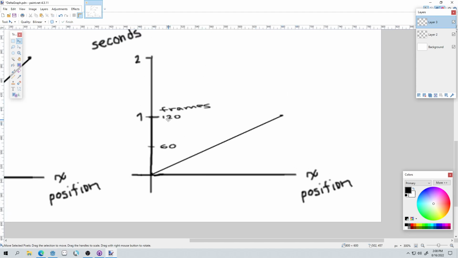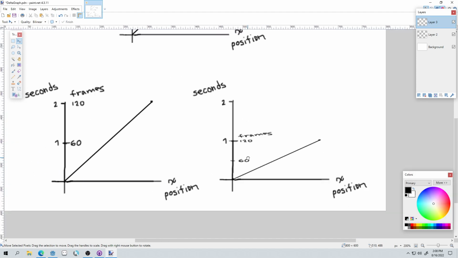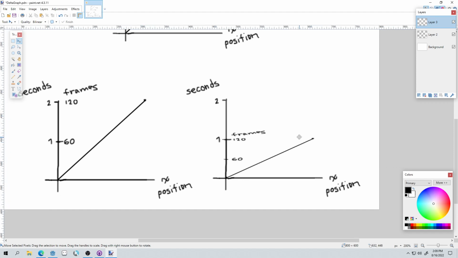At 1 second, we've processed 120 frames, right? Now look at our movement across time, our seconds. If we overlay this movement, we've reached our destination in 1 second, where over here, we reached our destination in 2 seconds, okay? And this is the problem.